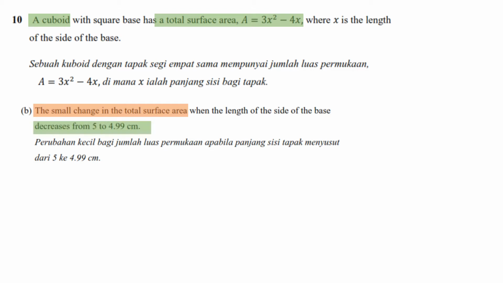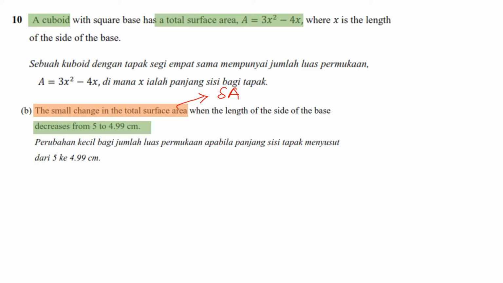Decreases from 5 to 4.99 is the information. Back to the question, you are asked to look for the small change. Do you know what is small change in the total surface area? Yes, you are right. The small change in the total surface area is denoted by del A. Now you have to think of how to get del A.